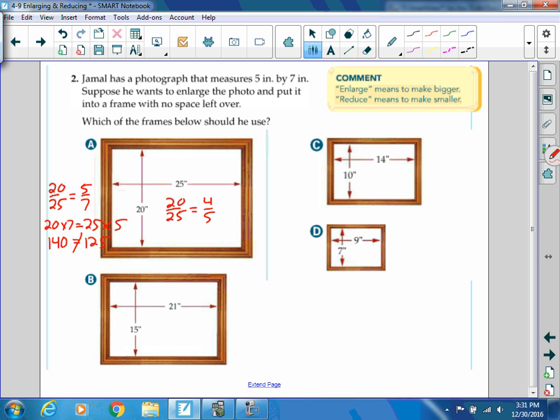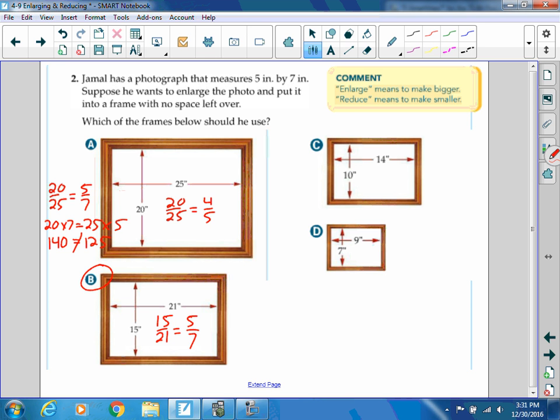However, if I look at problem B, okay, 15 over 21, if I reduce 15 over 21, I know that 3 goes into 15 5 times, and 3 goes into 21 7 times. So B would work.